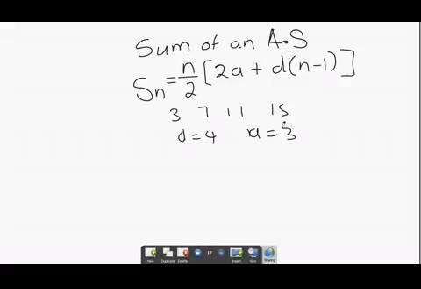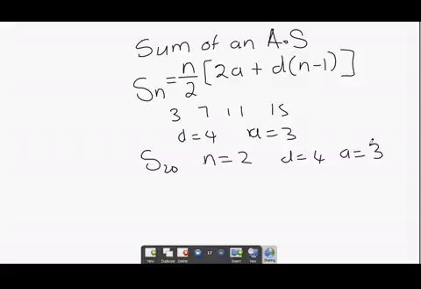Now if they say find S20, now S20 is the sum of the first 20 terms. So if I want to find S20, I'm going to use my formula and I'm going to substitute. So n is equal to 20, d is equal to 4, and a is equal to 3.